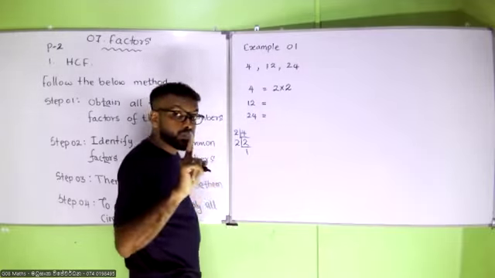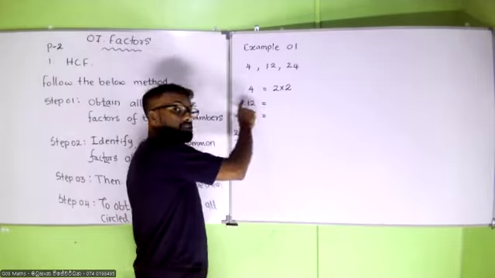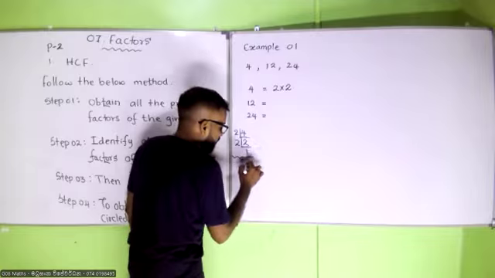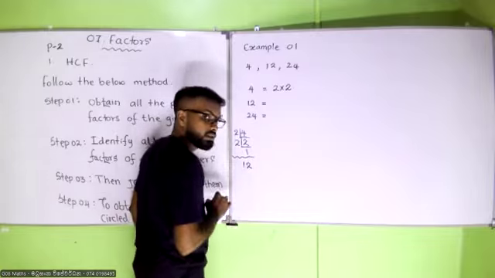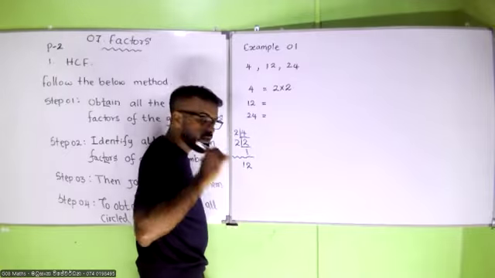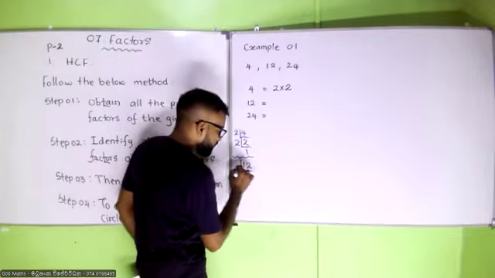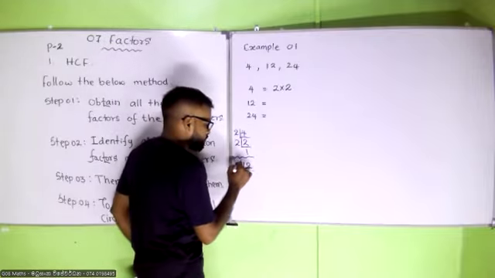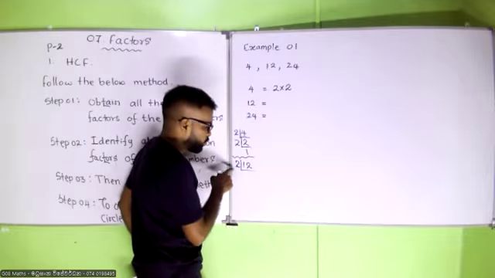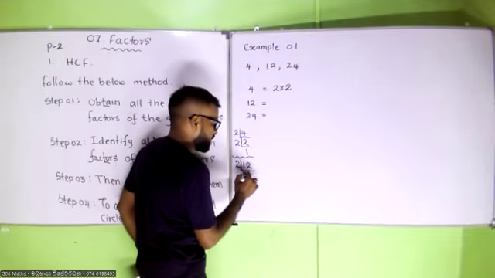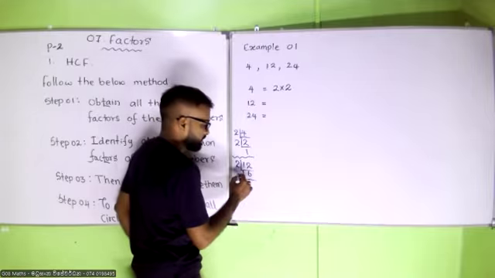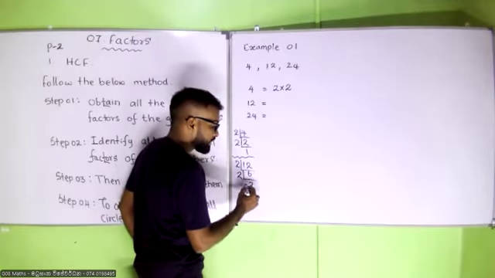Now I am going to represent 12 in the same way. My number 12 is here. 12 can be divided by 2. The smallest prime factor is 2. 2 times 6, 12. 6 can again be divided by 2. 2 times 3.